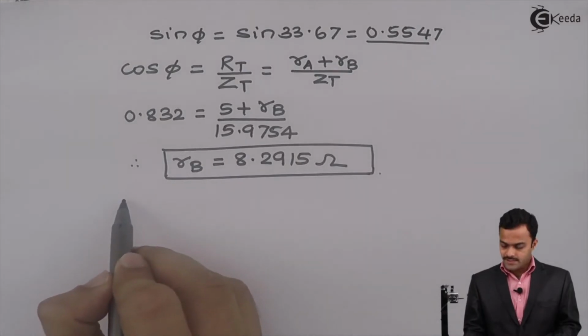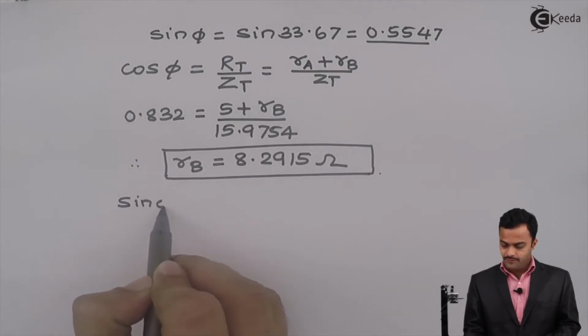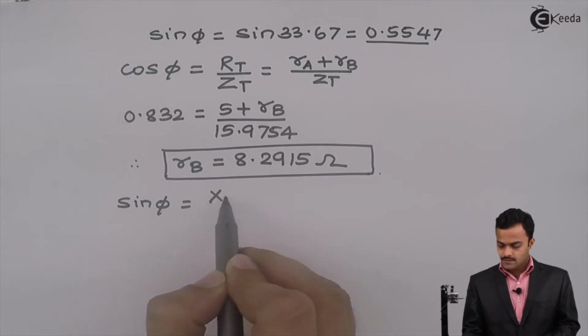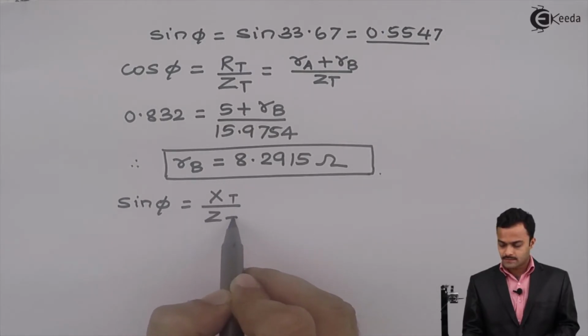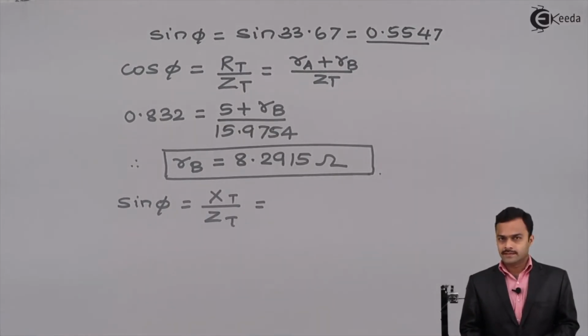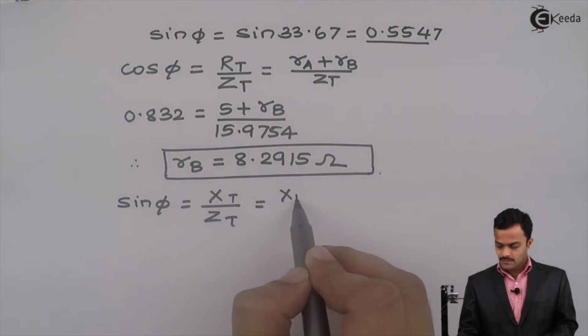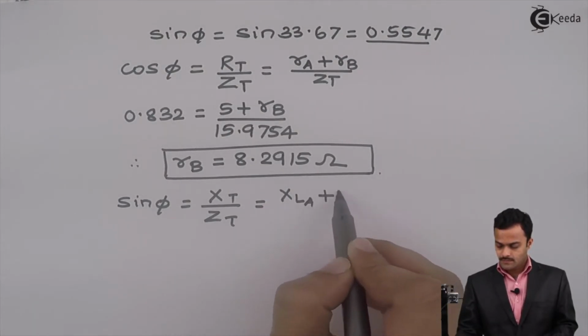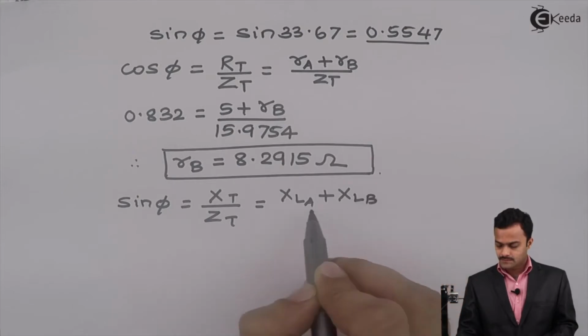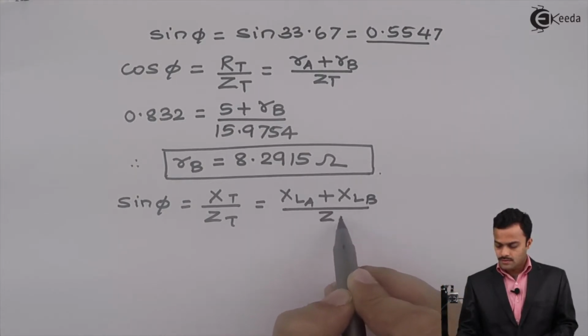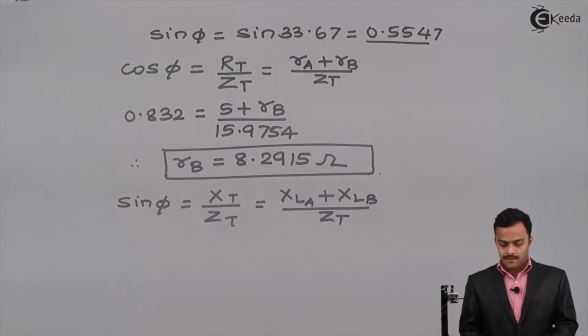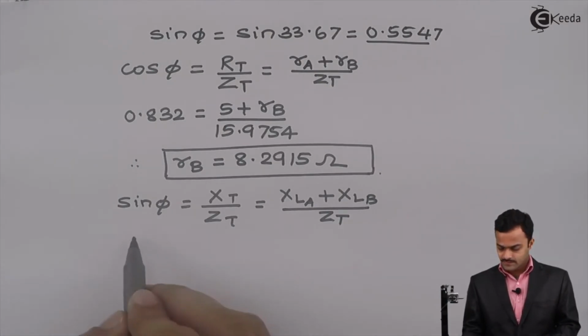Similarly, I am going to consider sin phi as XT upon ZT, where XT is XLA plus XLB upon ZT. LB is given, so from LB I can get XLB.